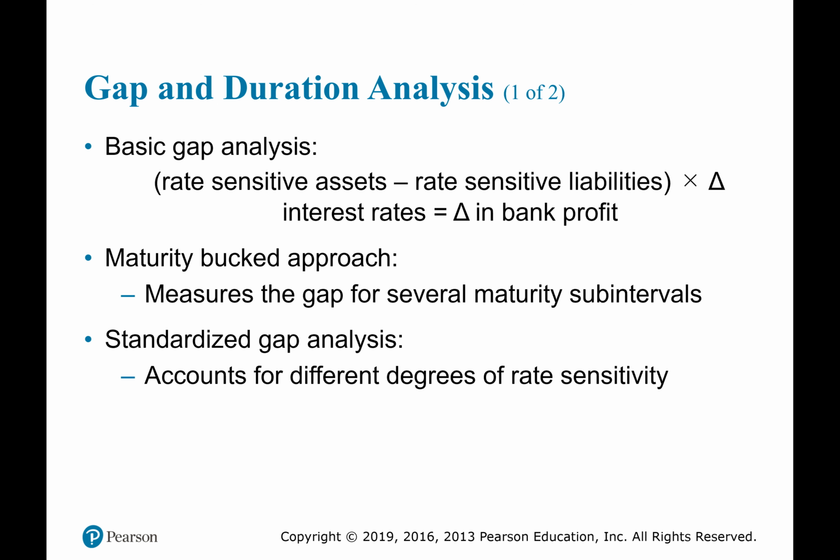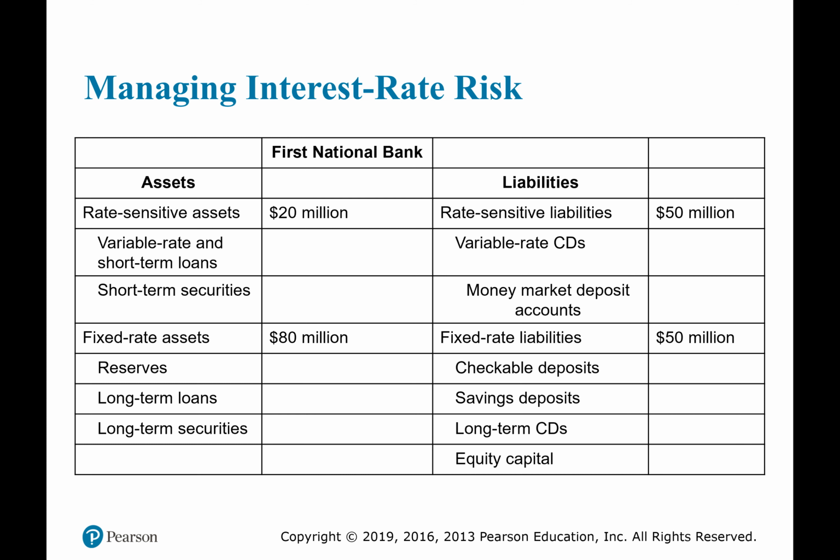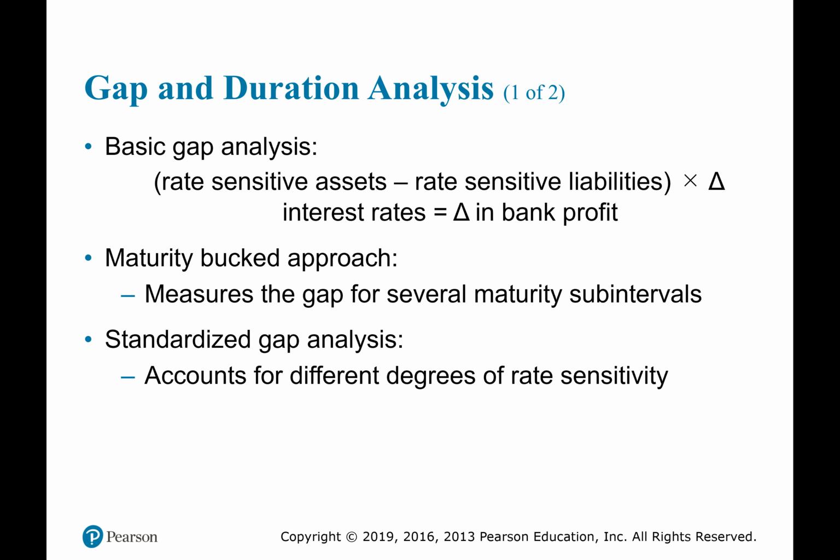So rate-sensitive assets minus rate-sensitive liabilities times the change in interest rate. So here you take 20 minus 50, so it's minus 30 million times changes in interest rates. So if interest rates go up, this bank's going to be worse off because bank profits are going to fall.